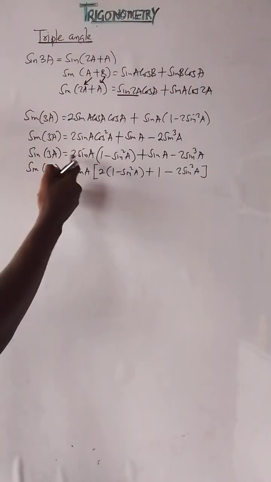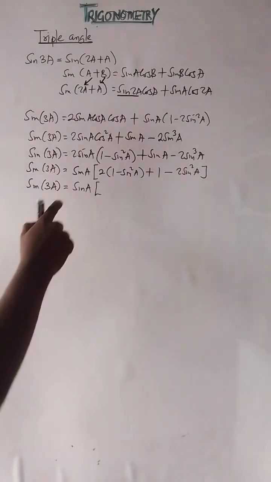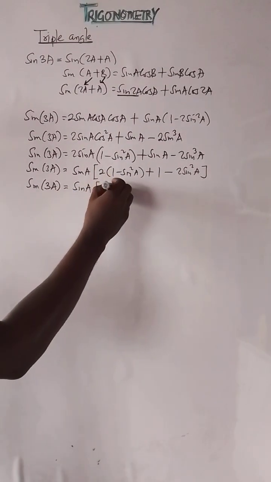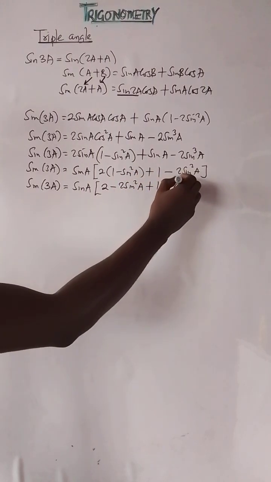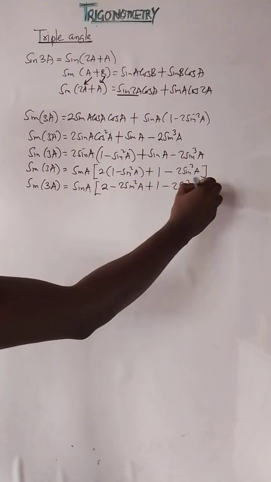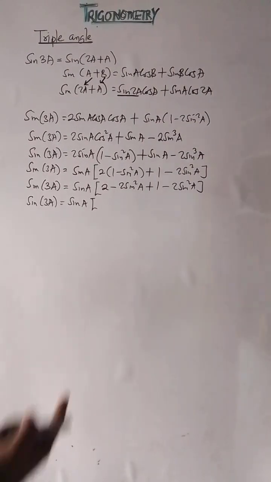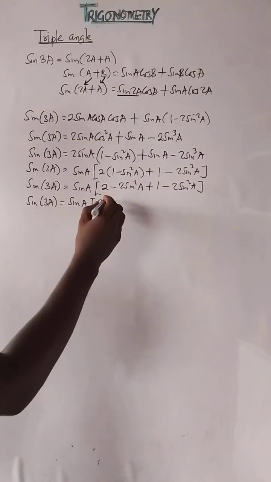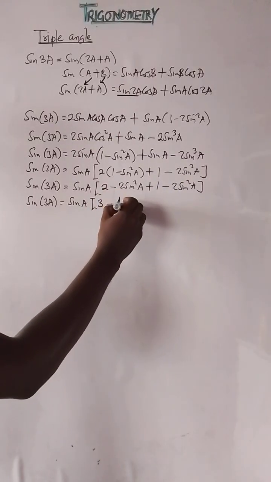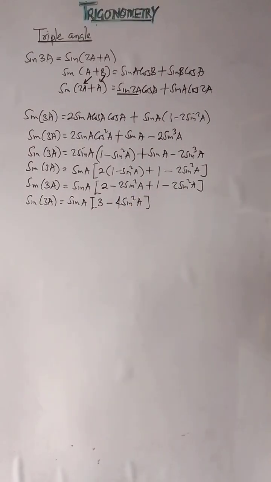This one becomes 2 alone, and this one becomes 1. So sine 3A equals sine A, then let's expand: 2 times 1 is 2, minus 2 sine square A, plus 1 minus 2 sine square A. From here, sine 3A equals sine A into bracket: 2 plus 1 is 3, minus 2 minus 2 is minus 4, so minus 4 sine square A. You can pause there. That will be the answer.